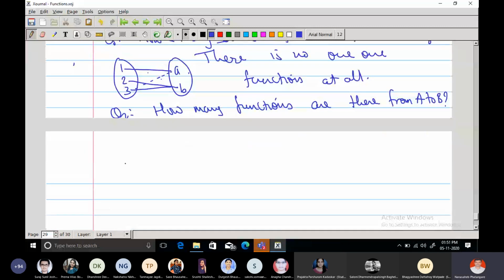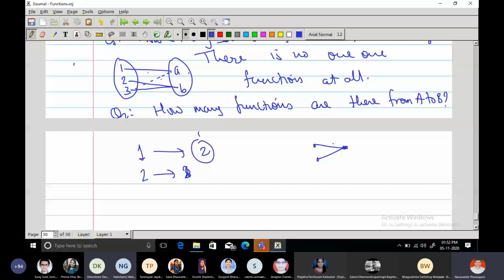See, remember, how many possibilities for 1 are there? 2 possibilities. How many possibilities for 2? 2 possibilities. In general for a function, no problem if you map many elements to the same point. That is not a problem for a function. So 2 also has 2 possibilities.